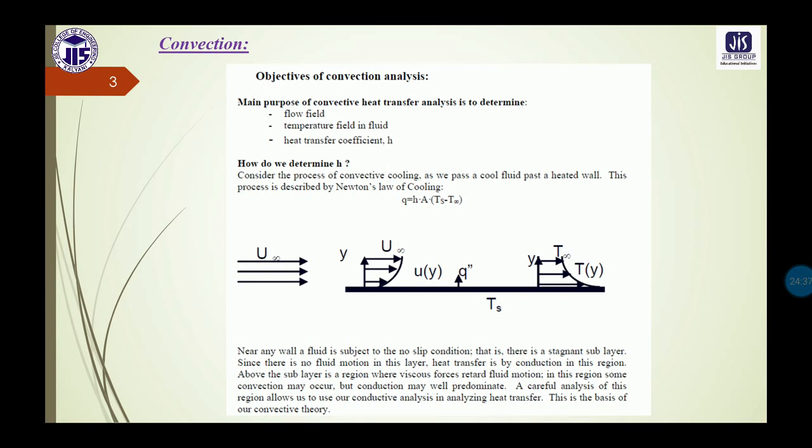Earlier we studied Newton's law of cooling in case of the convection heat transfer. There we have seen Newton's law of cooling, that is Q equals hA times the temperature difference. So this small h was the convective heat transfer coefficient. So these are the main purposes of the convective heat transfer analysis: to determine the flow field, the temperature field, and the heat transfer coefficient.